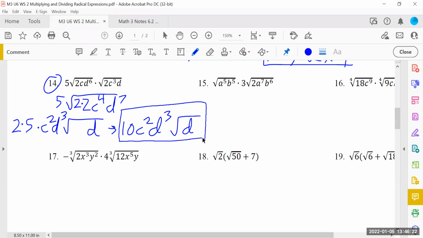Now, talk with the people at your table just real fast. Do we need absolute values on anything? Is there any variable that went from even to odd? And the trick is that you look at the original one and they all have to be even, except in weird cases, which I'm not going to test you on.